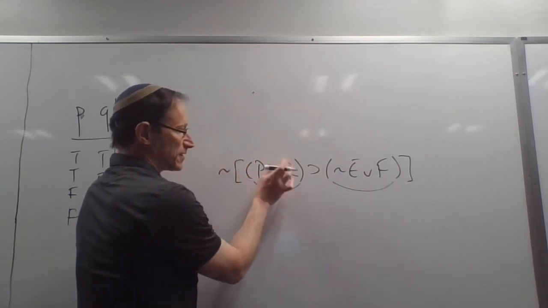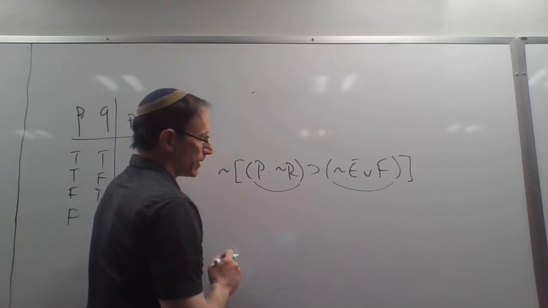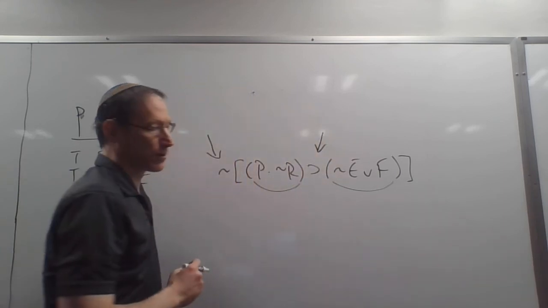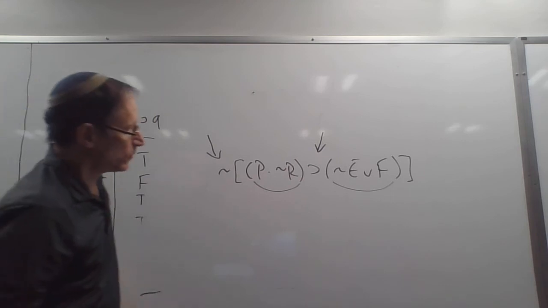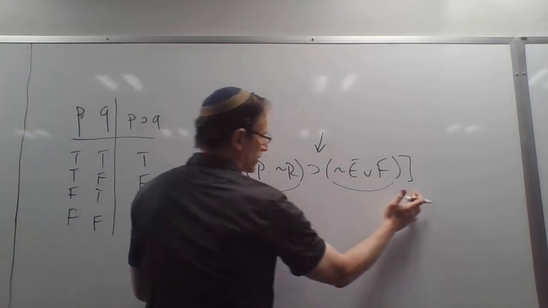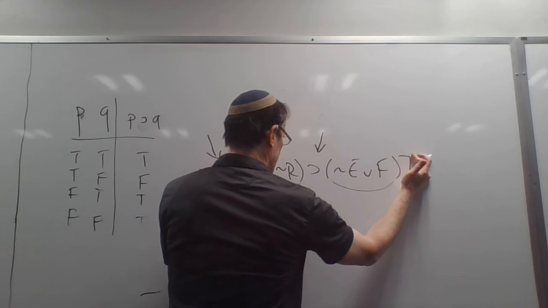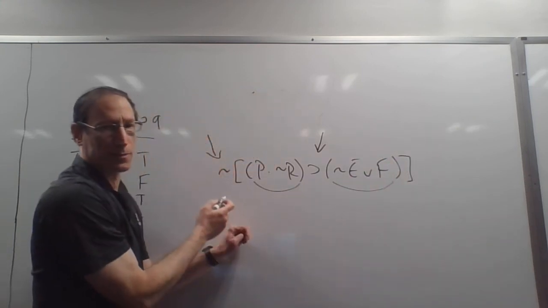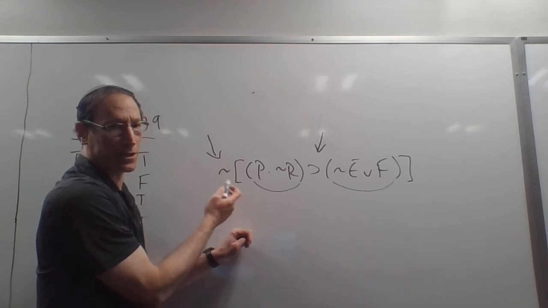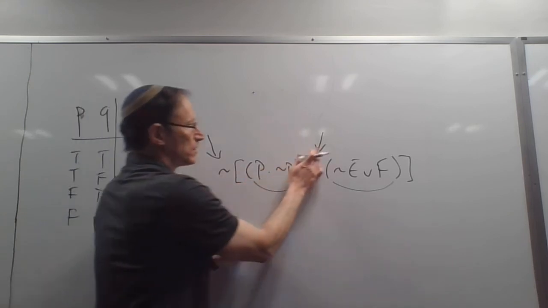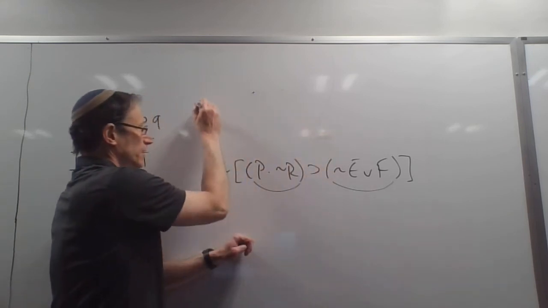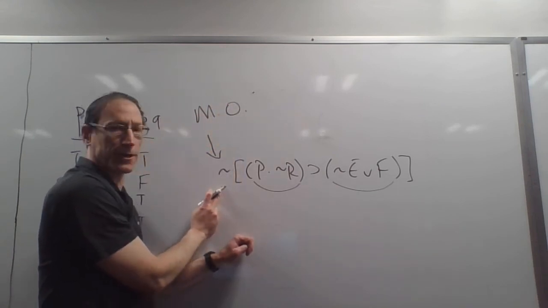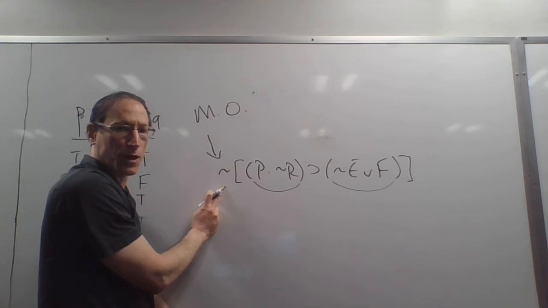So anything that's in here is not going to be the major operator. It's either got to be the horseshoe or it could be the tilde, okay? Which one is it? Well, the brackets clearly are connecting this whole thing together, and that whole thing inside the brackets is being negated by this tilde on the outside. So the correct answer would be that the tilde hanging out on the left side here is the major operator.